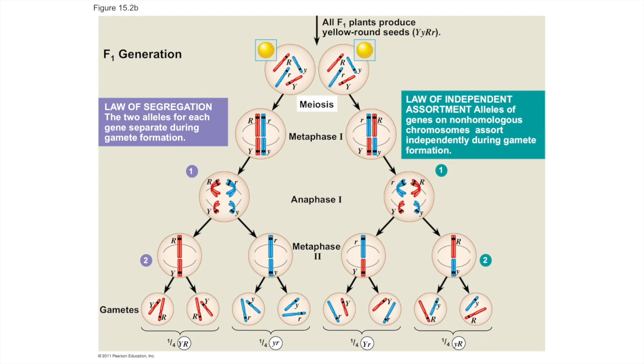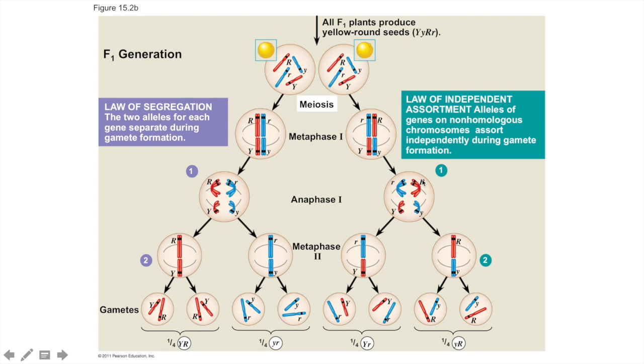So then during meiosis in the plants in that F1 generation, the two different alleles for each gene were separated during gamete formation. So some of the gametes were going to get round, some were going to get green, some were going to get wrinkled, some were going to get smooth. And the law of independent assortment says that if you have the genes on non-homologous chromosomes, so you see we've got a big set and a little set, if those genes are on different chromosomes, they're not going to necessarily travel together.